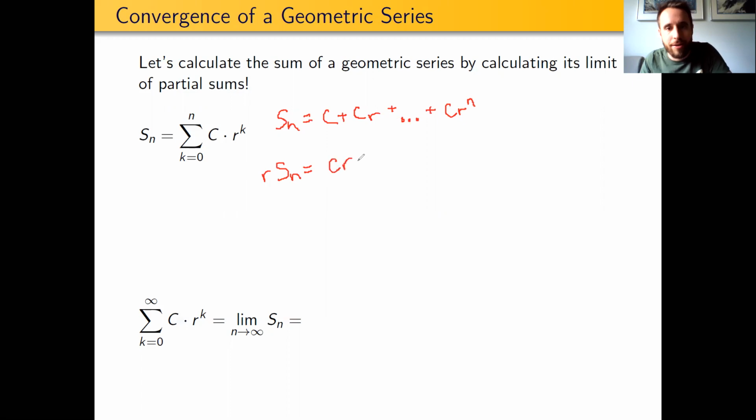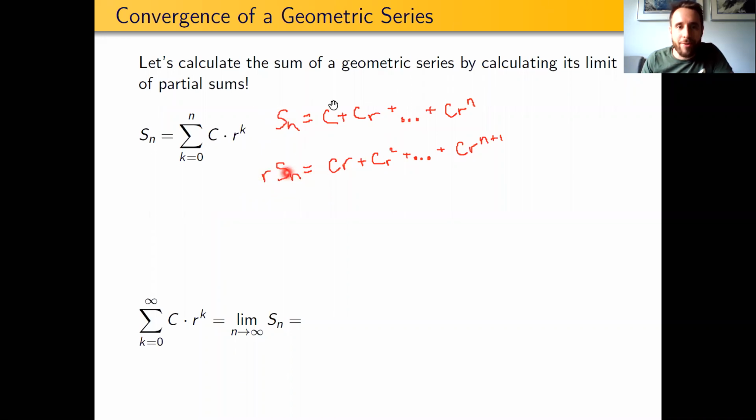So I get c times r plus c times r squared plus dot, dot, dot, plus c times r to the n plus 1. So I just multiplied every term by r. And now I'm going to take this line and subtract this line.